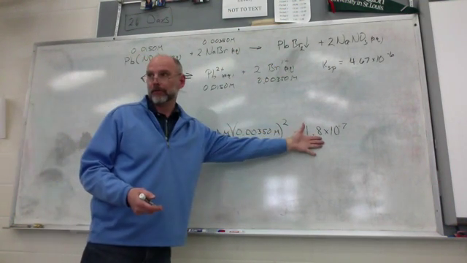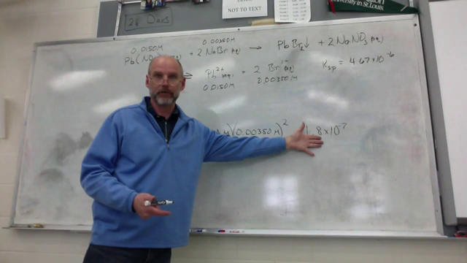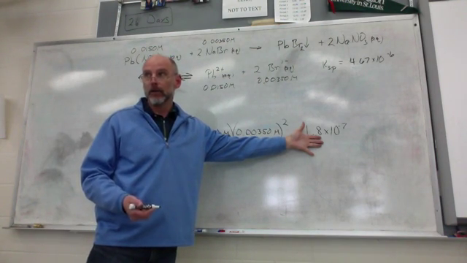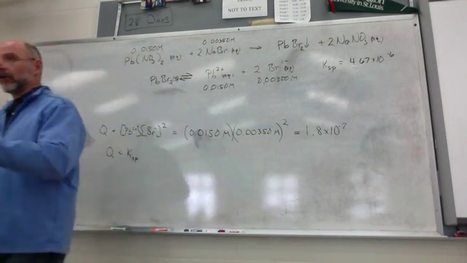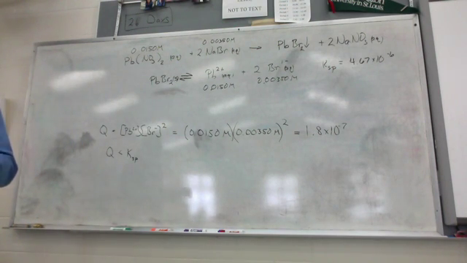Do I have that amount of stuff? I do not. So how would we interpret this? Are we going to see a precipitation or not? No, we are not going to see a precipitation.